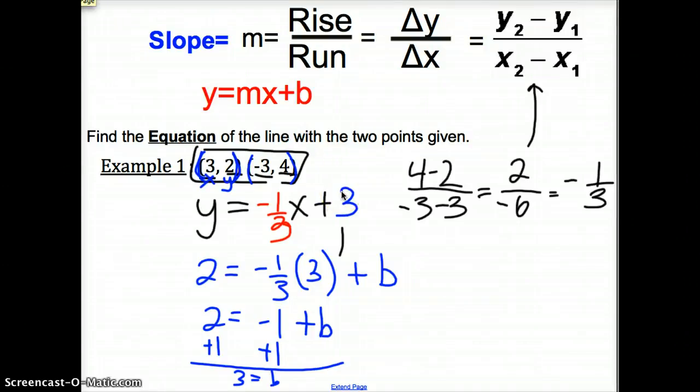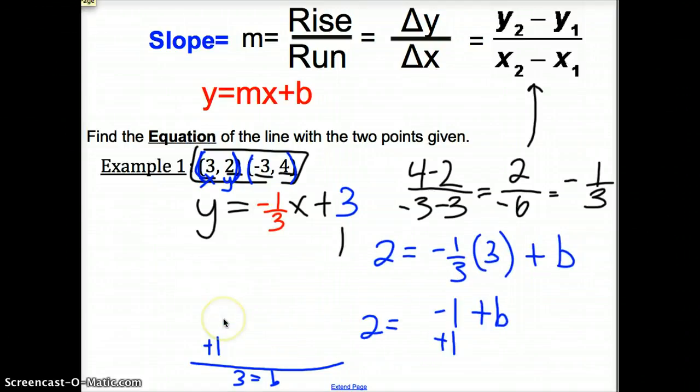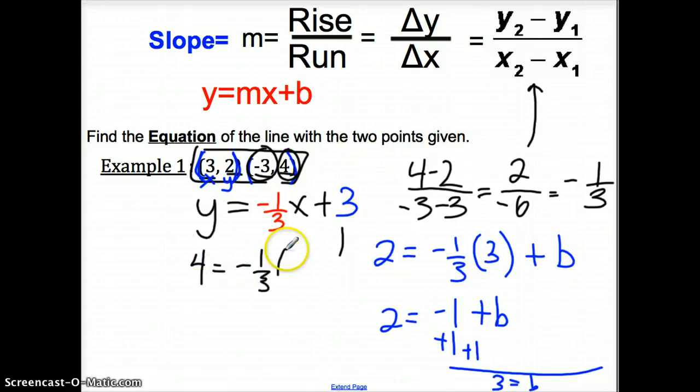I'm going to check my rule using the other point. So using the other point, I want to see if my rule is in fact correct. I'm going to take my rule and I'm going to plug in 4 and -3 for y and x. So 4 is for y, -3 is for x.